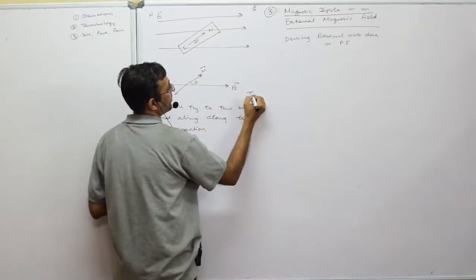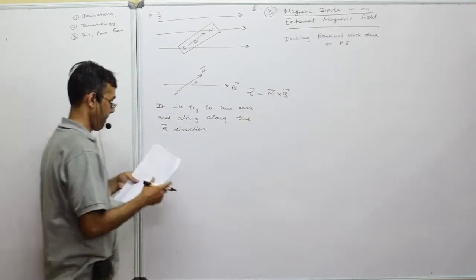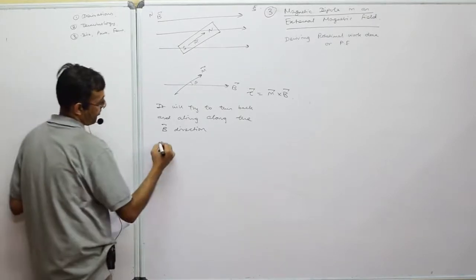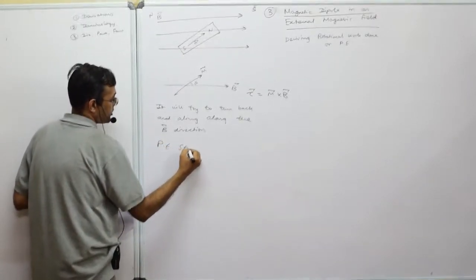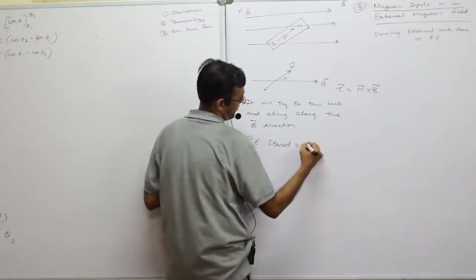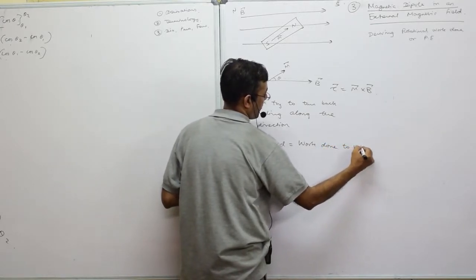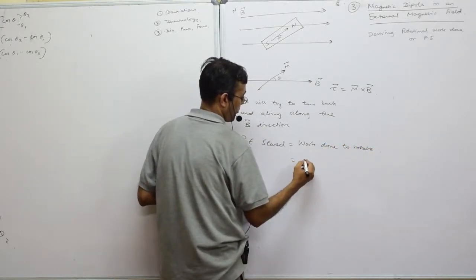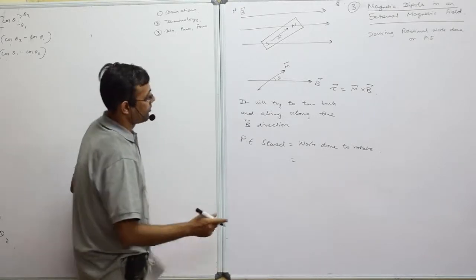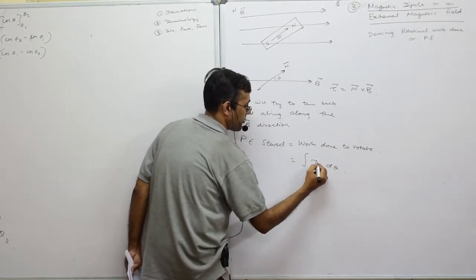So from this I can say tau is equal to M cross B. Potential energy stored is equal to rotational work done. Work done to rotate will be integral of tau dot d theta.